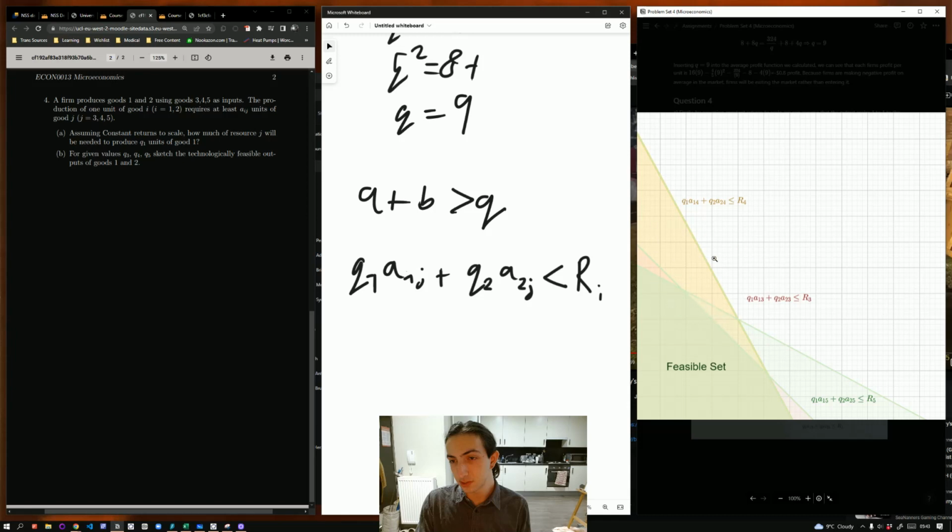And if we have multiple of these overlaying each other, so for example, one for input 3, one for input 4, one for input 5, if I graph all these out, they create this area where they all intersect called the feasible set, which is the technologically feasible area available to us. So if we have the given values of good 3, good 4, and good 5, we can create technologically feasible outputs, which are the areas where the feasible set lies.